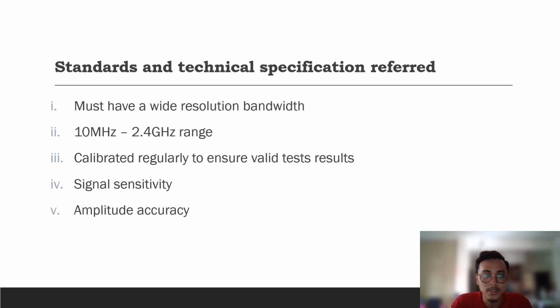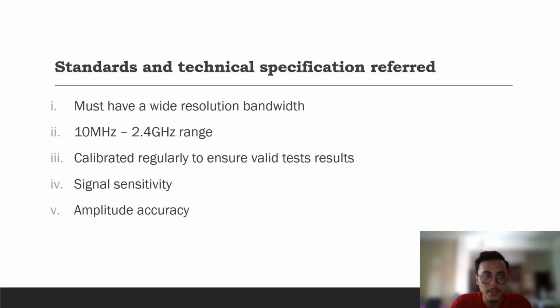Next are the standards and technical specifications referred to. The first is that it must have a wide resolution bandwidth, which is required for wide sweeps, while a narrow one is used for narrow sweeps. The second is that the spectrum analyzer should have a 10 MHz to 2.4 GHz range, which includes our frequency value of 1.0 GHz to 1.5 GHz.